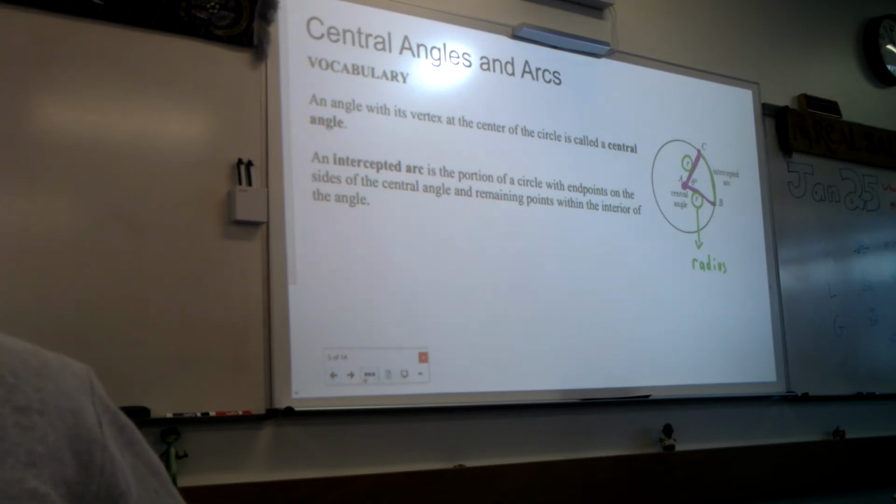A radian is made when this length right here is also going to be r. So whatever the radius is, if I take this length here and I make it so the arc is that same length, then you've created a radian. So radians can only be specific angles? Yes, a radian is a specific angle.